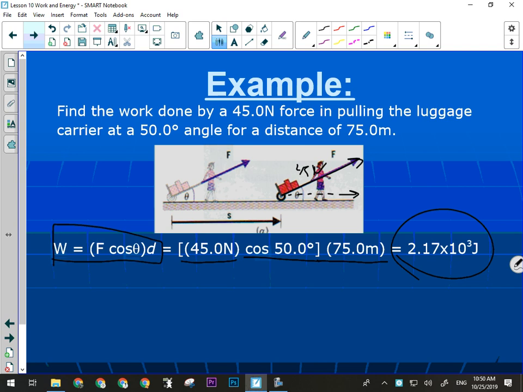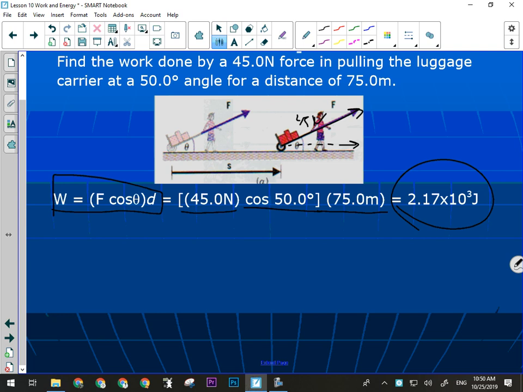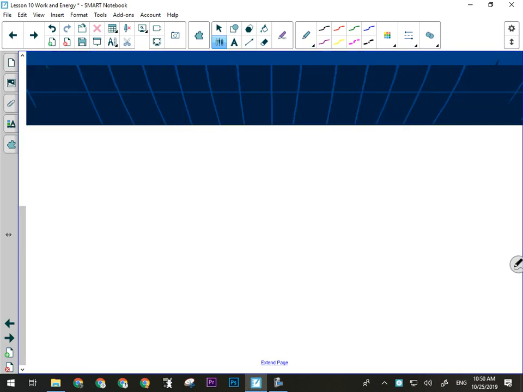Now, one step further. If it's situation one, where I accelerate the luggage carrier, okay, could I figure out how fast I get the luggage carrier going? I could, as long as I know what about the luggage carrier. Don't need time.